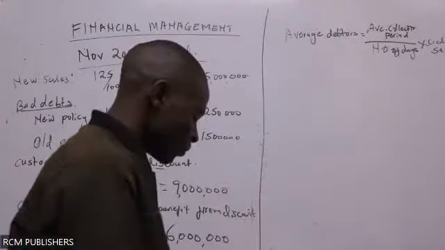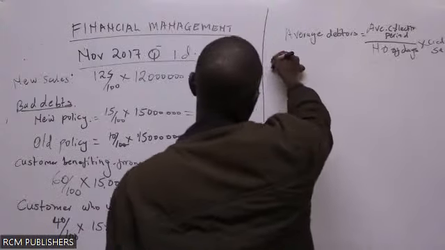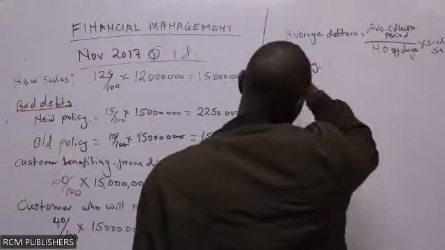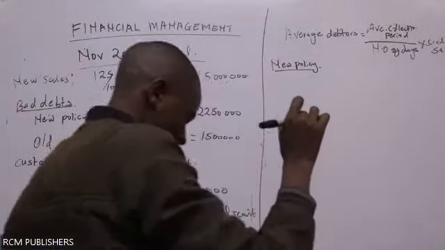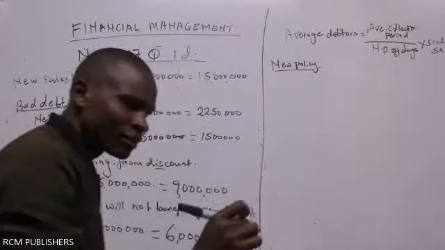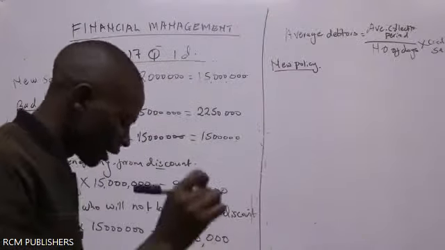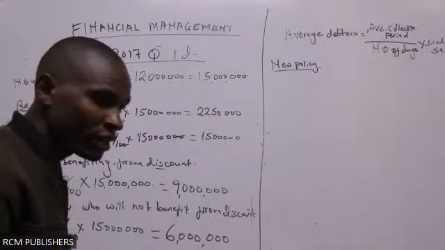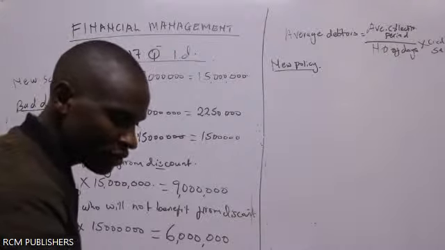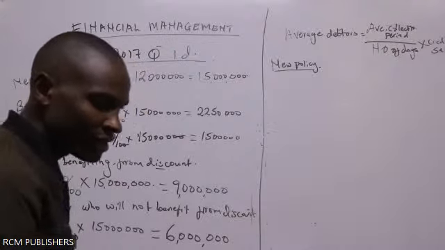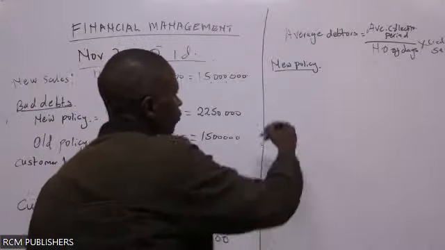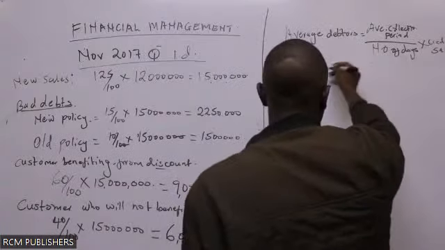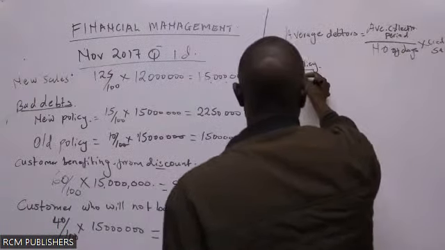The new policy, this is the proposed policy. What will the offer be? The offer we were told is 3/10. Those who pay within 10 days, that is the credit period, are the ones who will get the discount. 10 is the collection period.